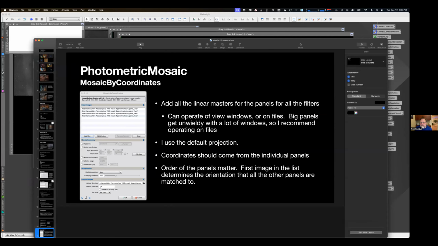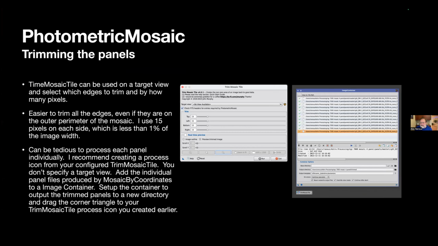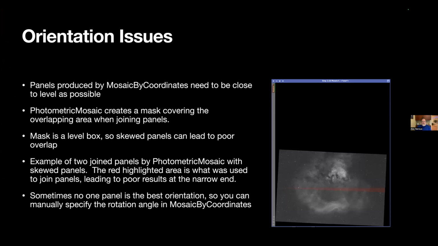Back to the presentation. We talked about a couple things to be aware of when you use Mosaic by coordinates. The order you load the files into the tool matters.